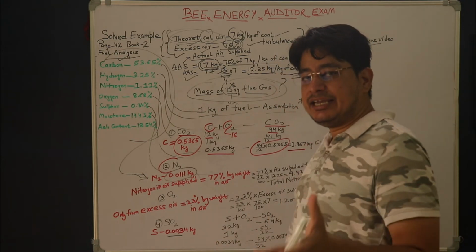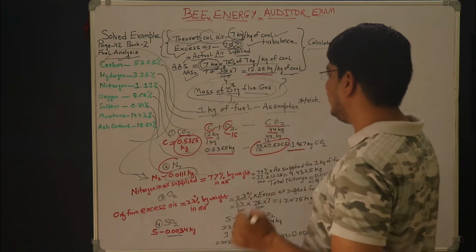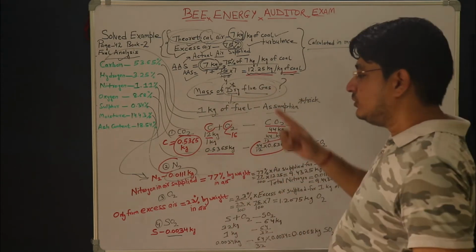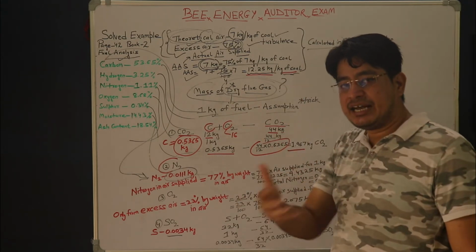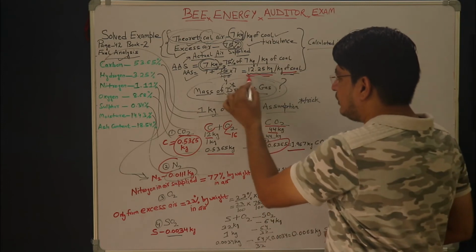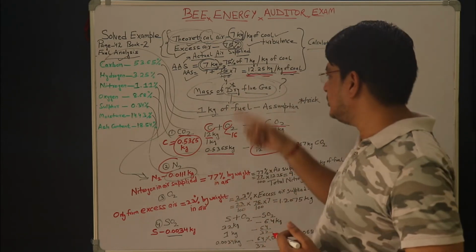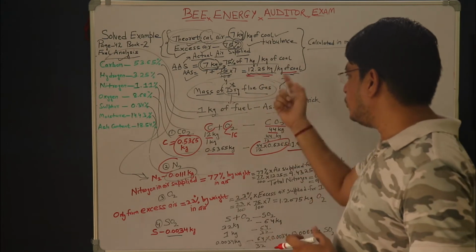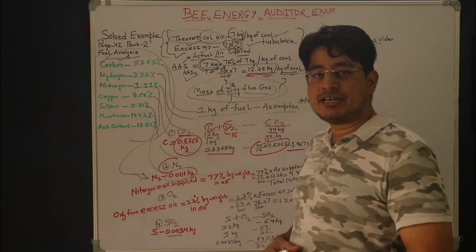And how much air are we supplying? We are supplying 12.25 kg of air per kg of coal. So for combustion of 1 kg of coal, I have supplied 12.25 kg of air. The nitrogen which is present in 12.25 kg of air will also be transferred to the dry flue gas.